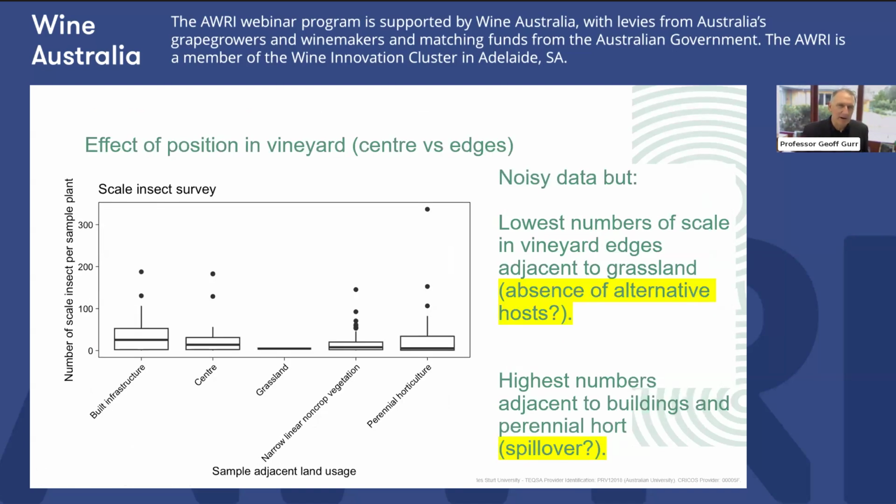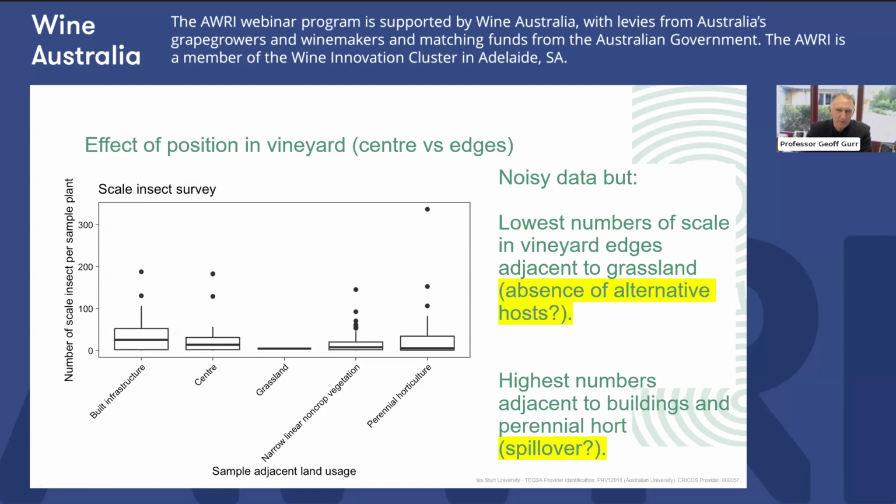Now, I mentioned earlier that we made a point of sampling scale from the center of vineyard blocks, but also the edges. And the data from this kind of partitioning of the results was a noisy data set.